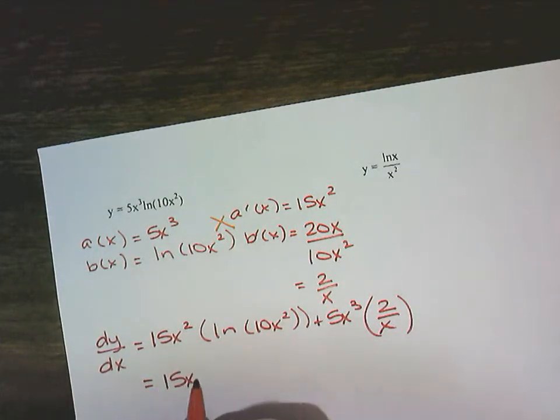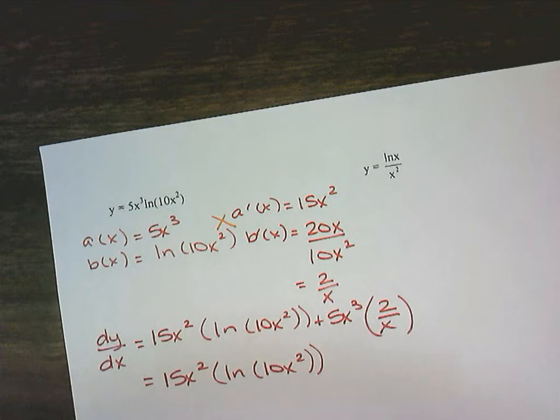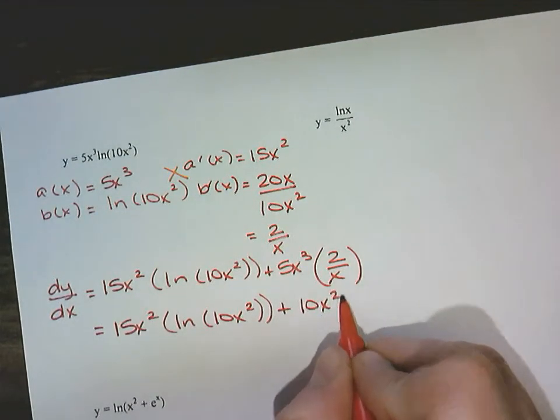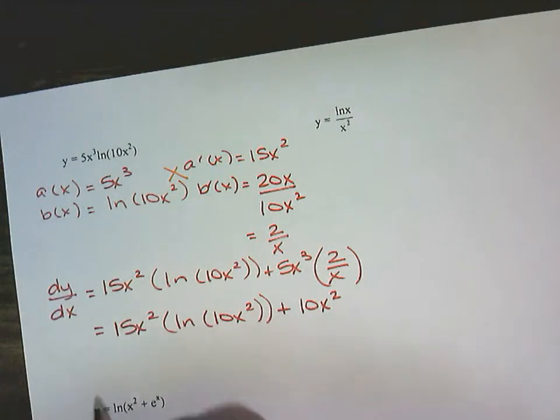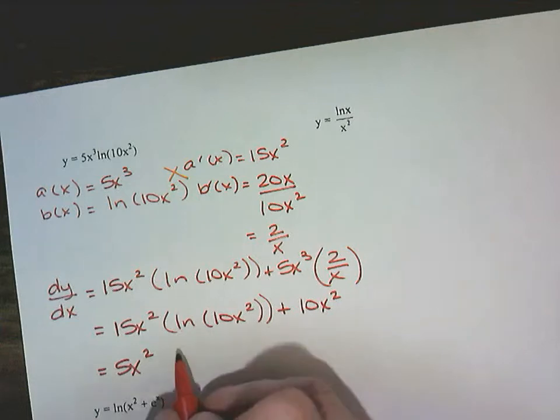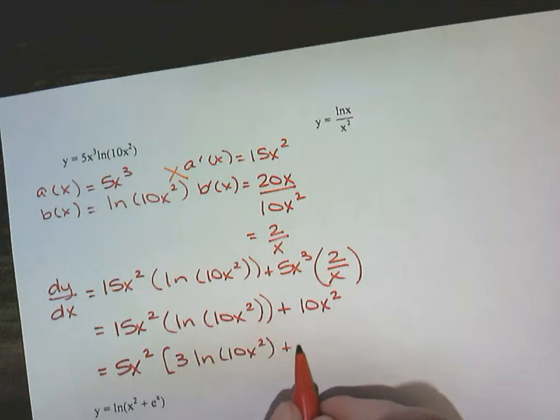So I've got 15x squared ln of 10x squared, and this is the part I want to simplify, so I end up with 10x squared. Now I can factor out a 5x squared, and then I'm going to put in brackets what's left. So from the first part, I'm left with 3 ln 10x squared, and from this I'm left with plus 2.